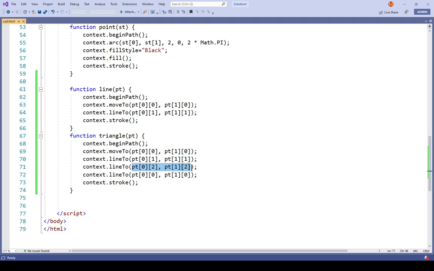Then I have to go back again to my first point, so only then will the triangle be completed. I start from my start point, go to the second point, go to the third point, and from the third point back to my first point I need to draw the line. So this is moveTo, lineTo, lineTo, lineTo. Only 2 additional lines have been added as compared with the line, and it draws the triangle.